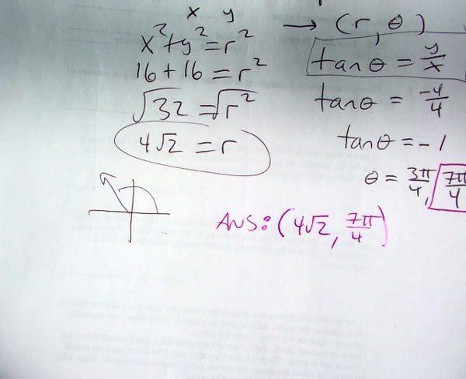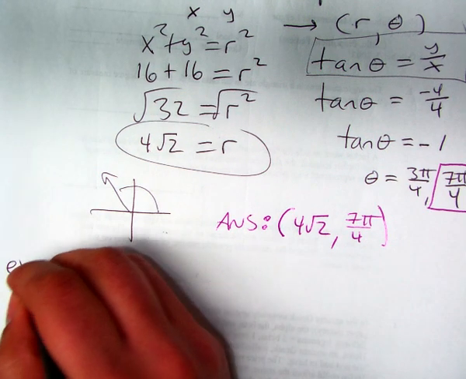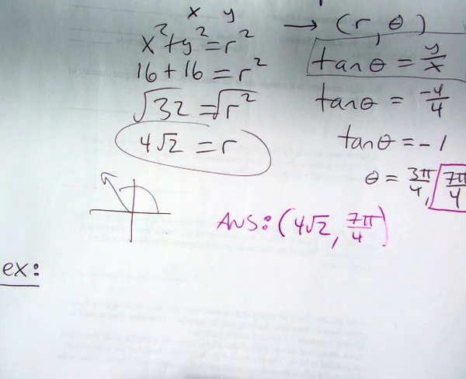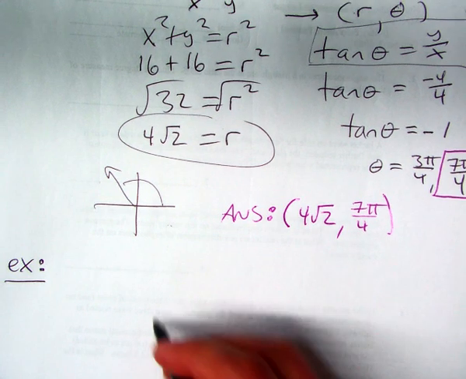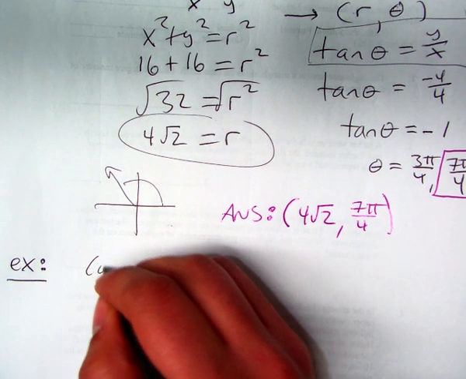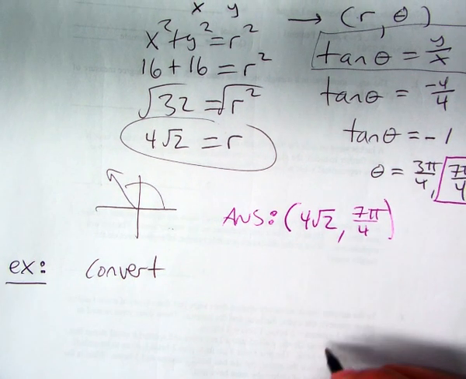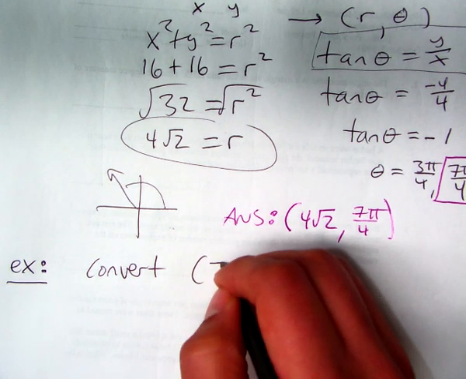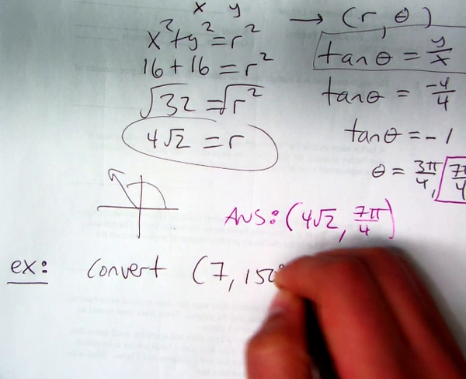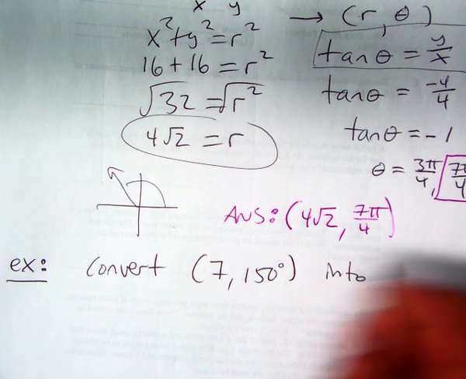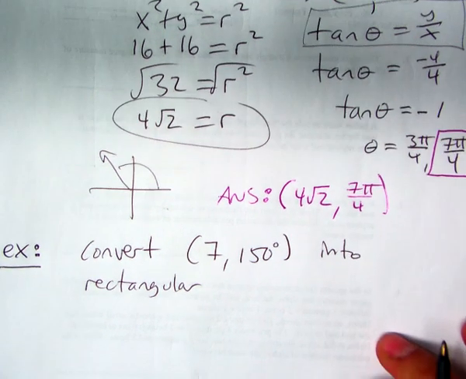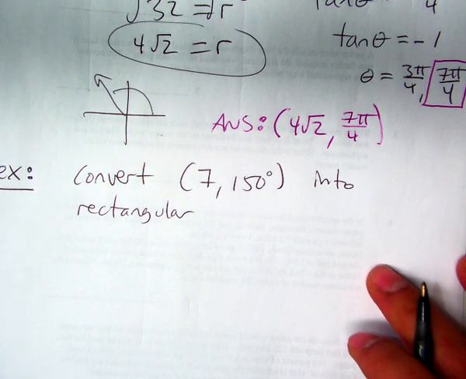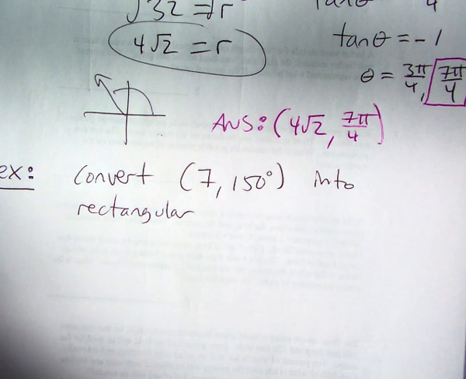Let's try another one. Let's say we want to convert 7, 150 degrees into rectangular. So currently, this is a what and a what?